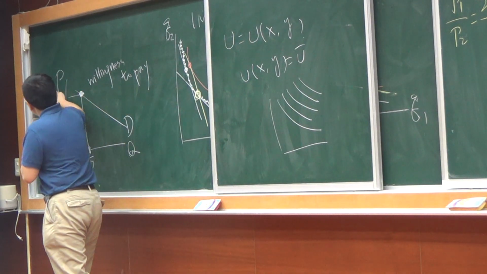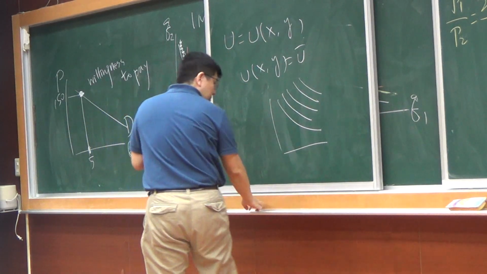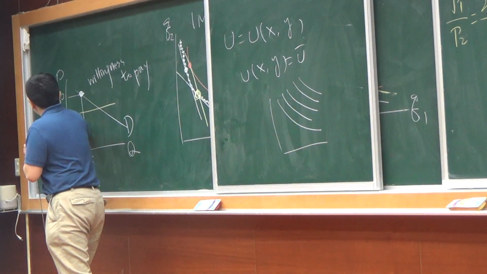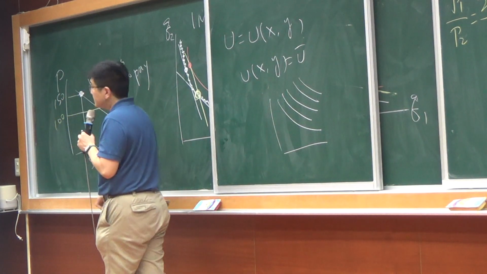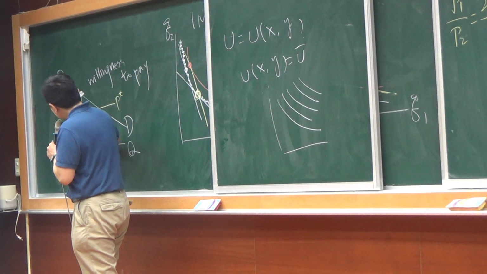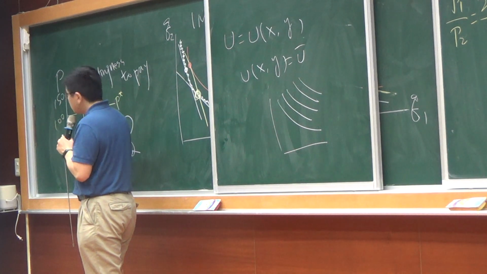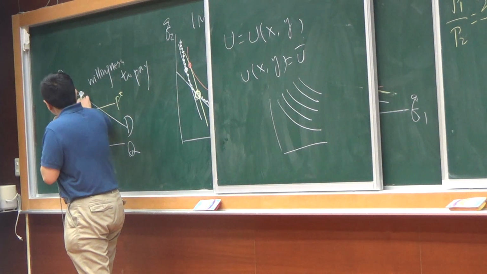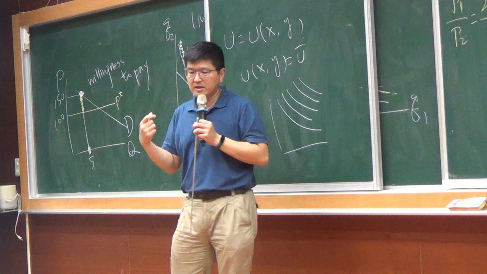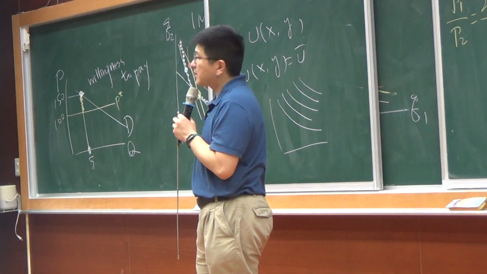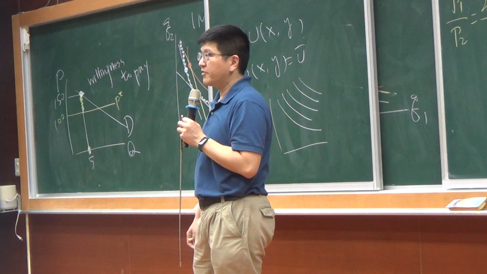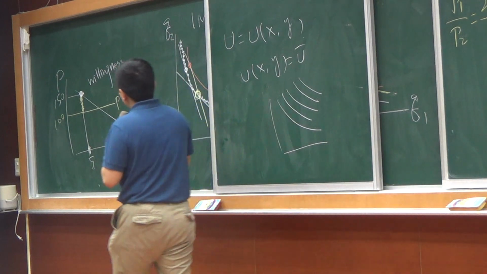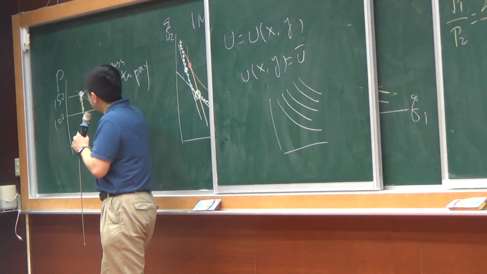For example, if this is 150 and the market price is actually 100, then by consuming this unit of the good, I may save or earn this part of happiness or welfare. Okay? So I'm willing to pay this much.